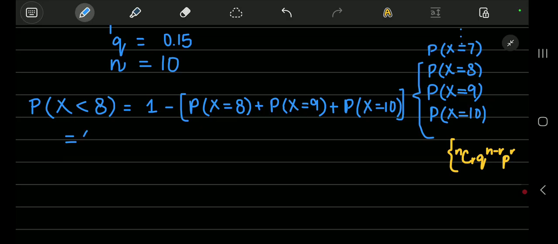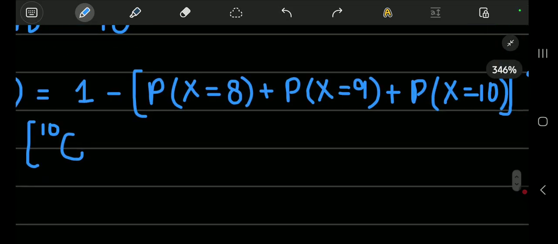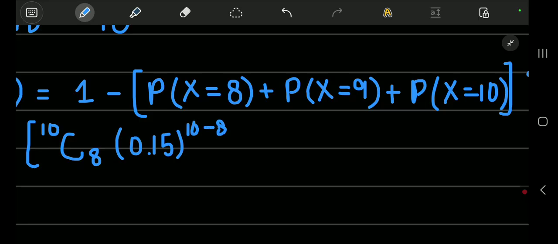It will give you 1 minus the probability at x equals 8, which will mean 10C8, failure to the power n minus r, failure is 0.15, n minus r means 10 minus 8, and success to the power r.